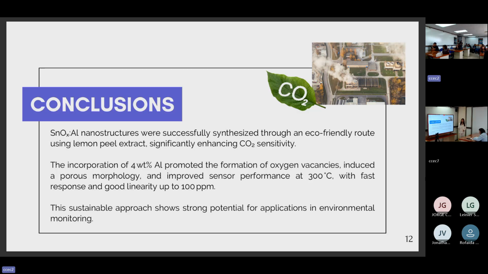And this has applications for use in hospitals and public transport, because we know that it can measure the concentration of carbon dioxide in a room.